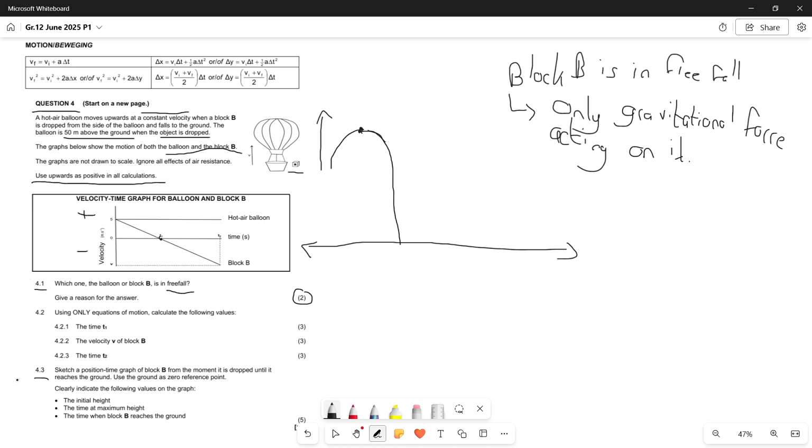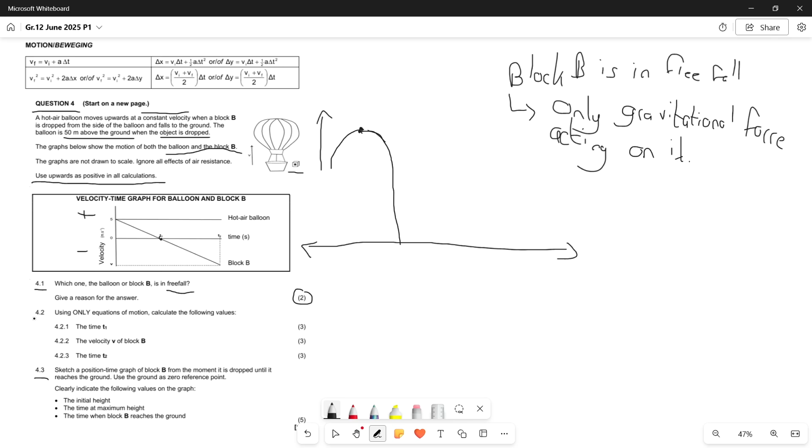So this will help us with our sketch for the position time graph, but it is very important to note how to interpret the velocity time graph, and that 0 is our reference point where it starts to change direction. So 2 things: they love the hot air balloon scenario because of the initial velocity of the block being the same as the initial velocity of the hot air balloon, even though it is in free fall. So right now we've answered 4.1. We understand a bit more what is happening in this question.